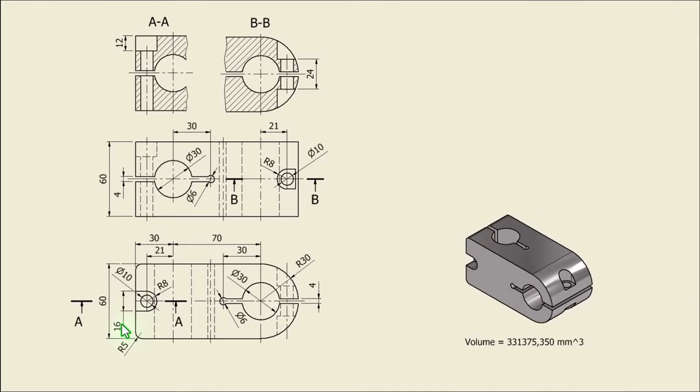Okay. Now we apply this cut here. Radius 8, dimension of 16, of course, and 21 from this point, or 21 plus 70 to the center point.